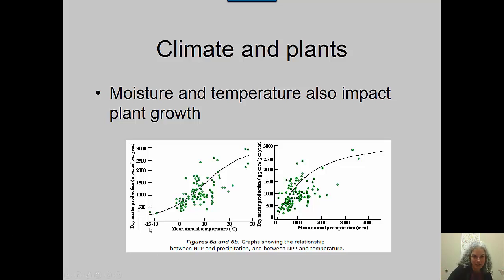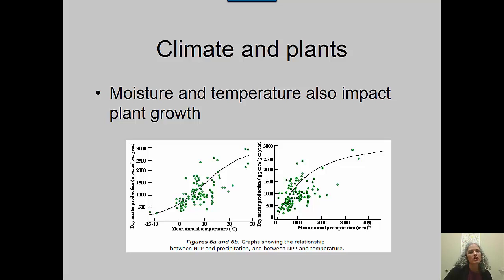And this one on the left has mean annual temperature in degrees Celsius on the x-axis, whereas the one on the right has mean annual precipitation in millimeters on the x-axis. As you can see, when it gets warmer and when there's more moisture, there's more growth in a plant community.